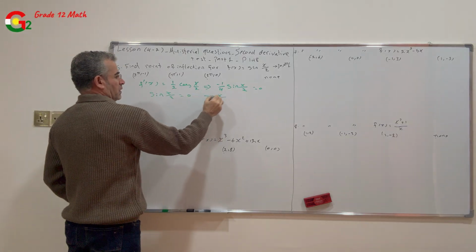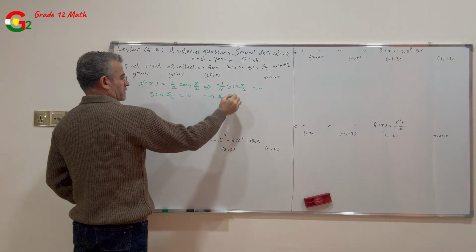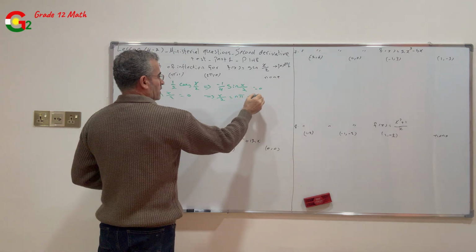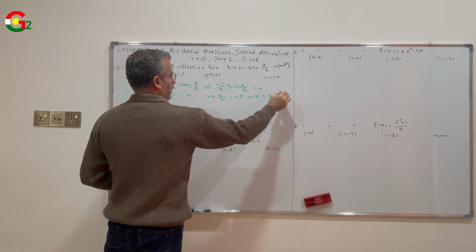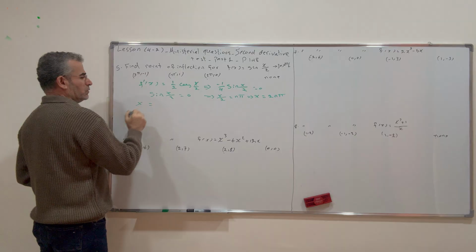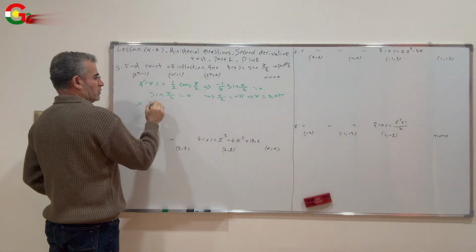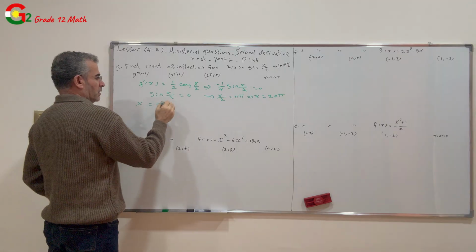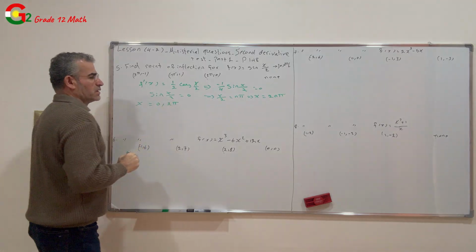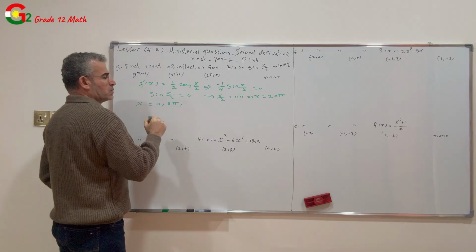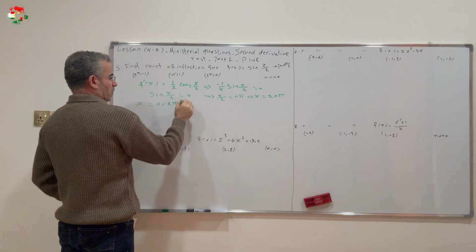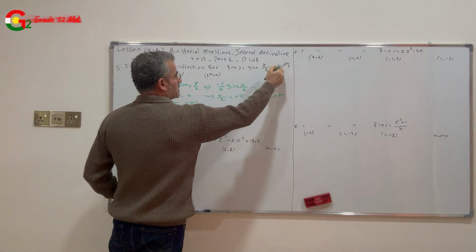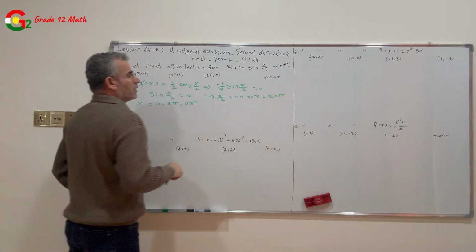Set x over 2 equal to the zeros of sine, n pi, where n is an integer. Then x equal to 2n pi. When n is 0, x is 0. When n is 1, then x equal 2 pi. When n is 2, then x equal 4 pi. But 0 and 4 pi are not in the interval.